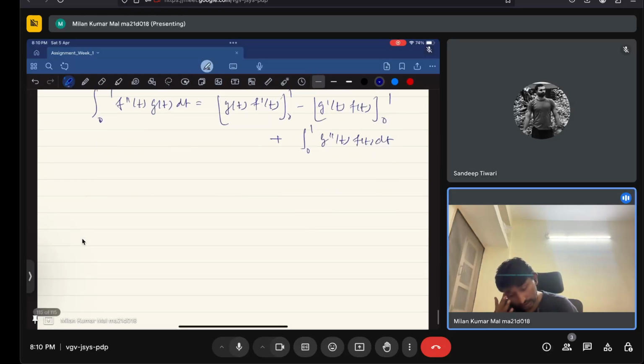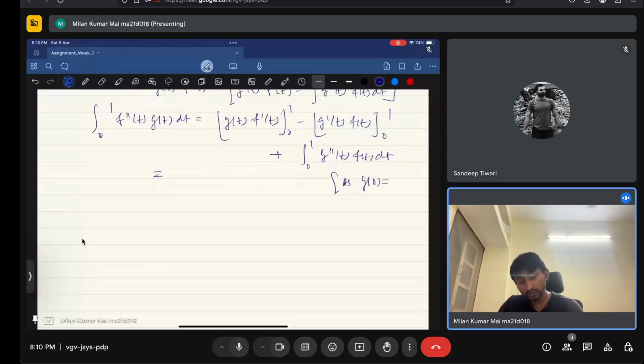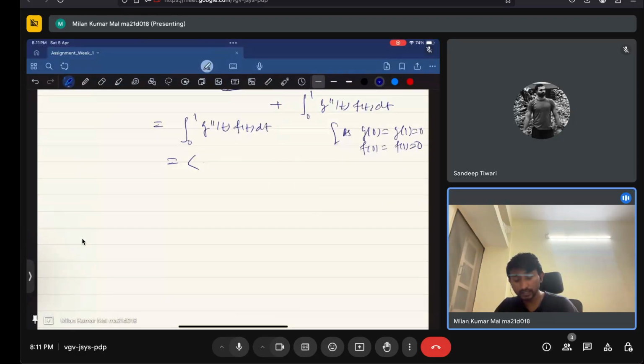Obviously g of 0 equals g of 1 equals 0, and f of 0 equals f of 1 equals 0, so the first two terms are 0. So what we get is the inner product of f with the double derivative of g.